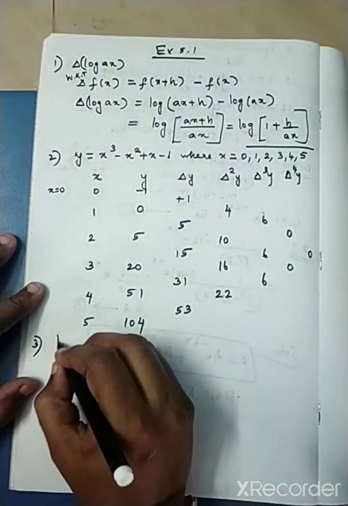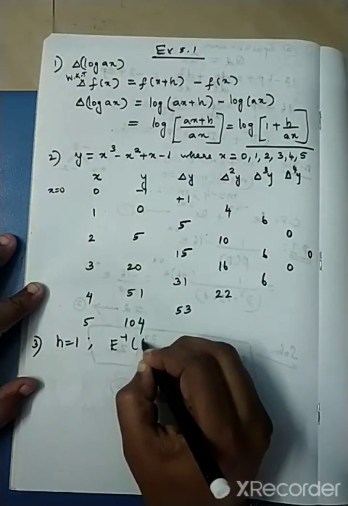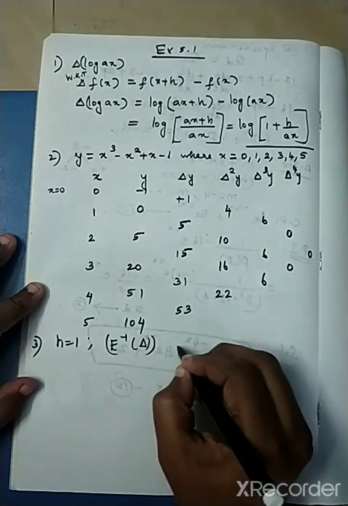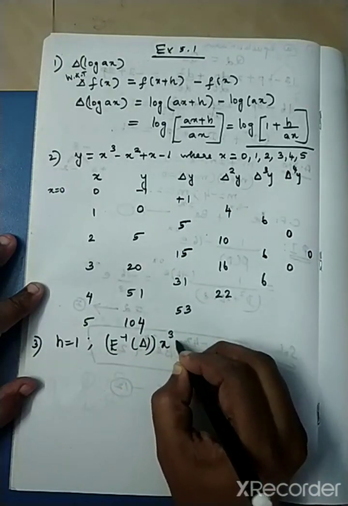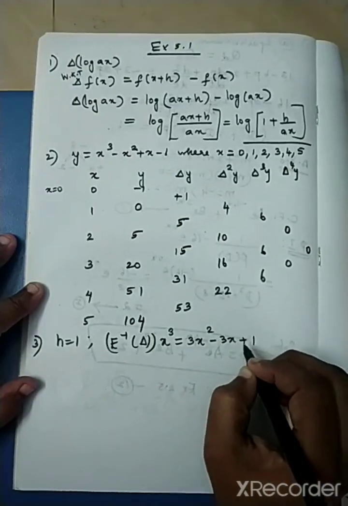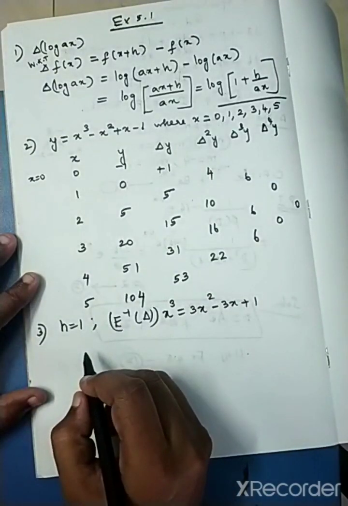When h is equal to 1, you have to prove E inverse into delta, okay, into x cube is equal to 3x squared minus 3x plus 1. Okay, now here we are going to use this formula.